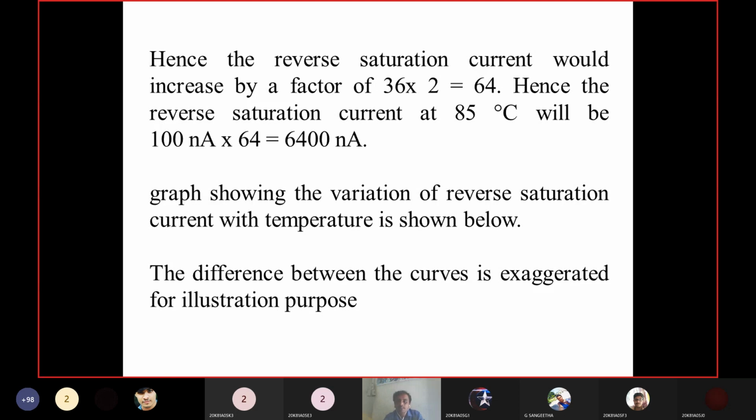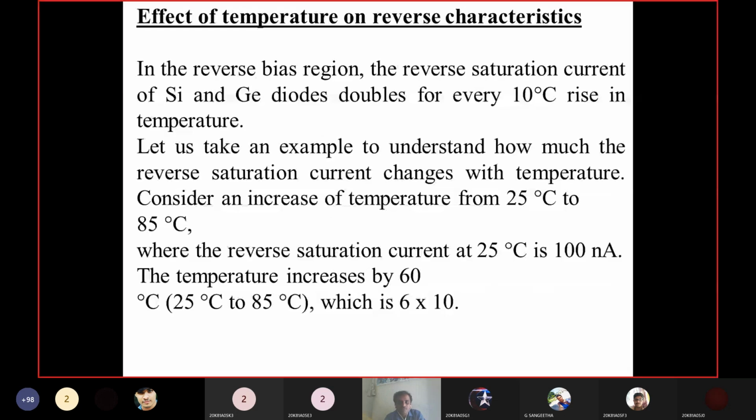So this is about the reverse saturation current in case of reverse bias.